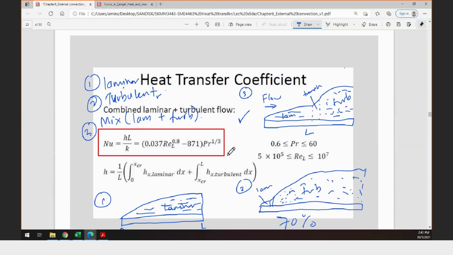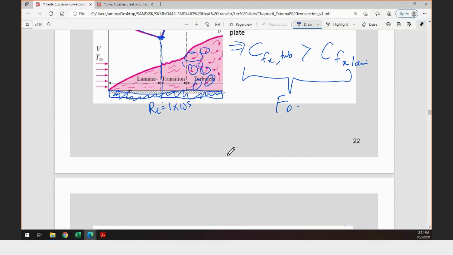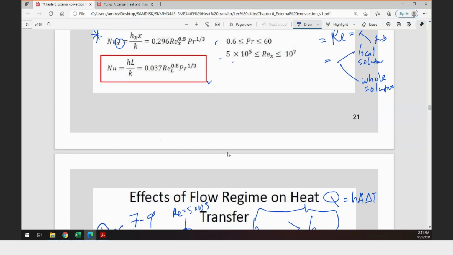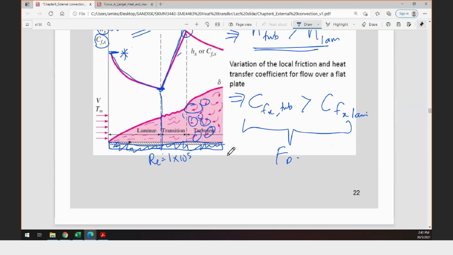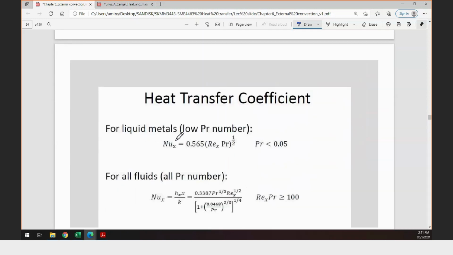I think this one, the previous equation, is for normal liquid, normal gas and normal fluid. Okay, there is also an equation if you are using liquid metals. Okay, what are liquid metals? Liquid metal is when the Prandtl number is small.